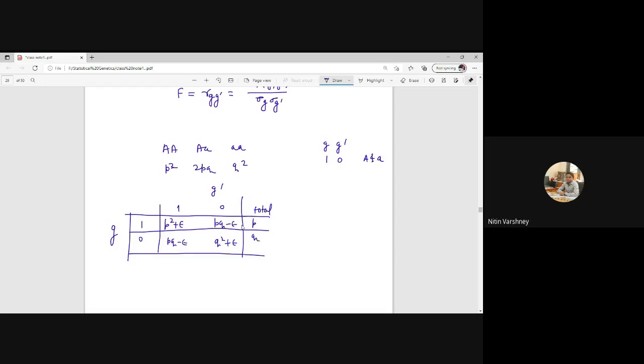Similarly, here the total should be p and q. So that's why we will add this epsilon. So see here, if I write p square plus epsilon plus pq minus epsilon, this will cancel out. We will remain with p square plus pq.